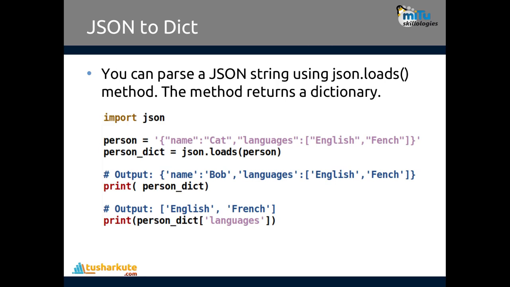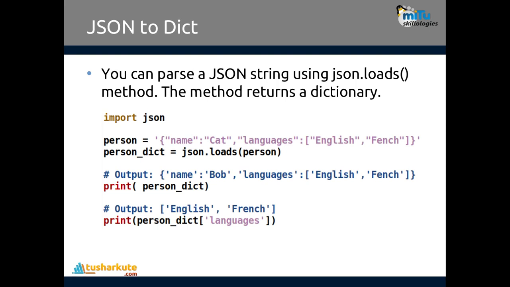Now let's continue. Before actually working with the file, let's try to use something different here. We can parse a JSON string using the json.loads method, and it returns a dictionary. I'll create a string first and then we'll work with the files.